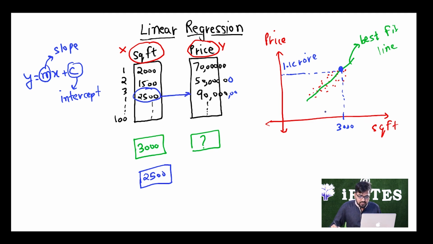I will look at the line over here at 2500. Obviously this is my point for 90 lakh, but I am going to predict the point lying on the line. My prediction might be somewhere around 95 lakh.